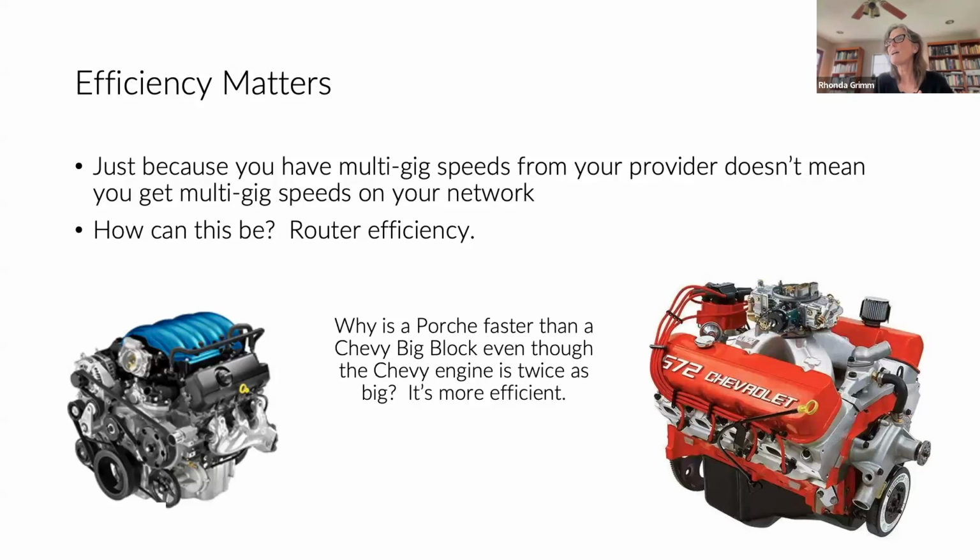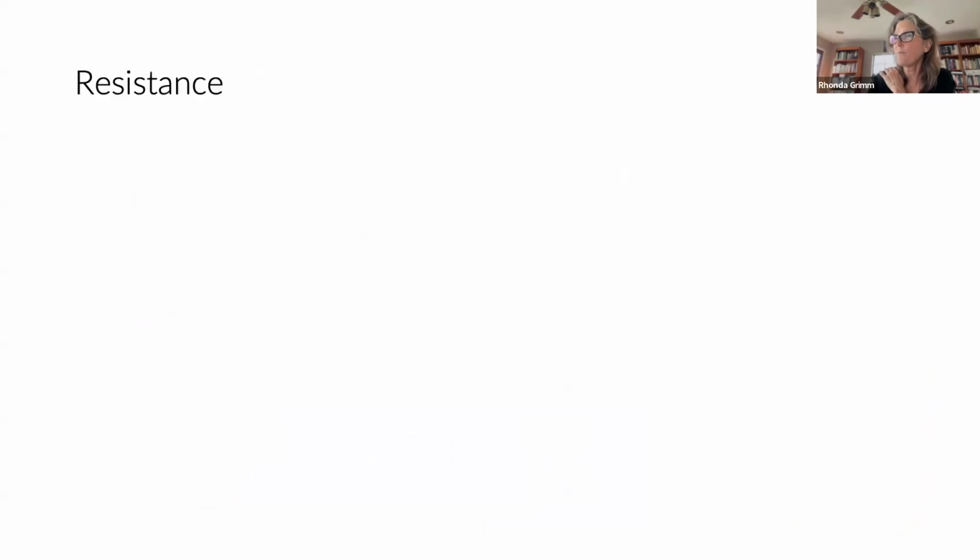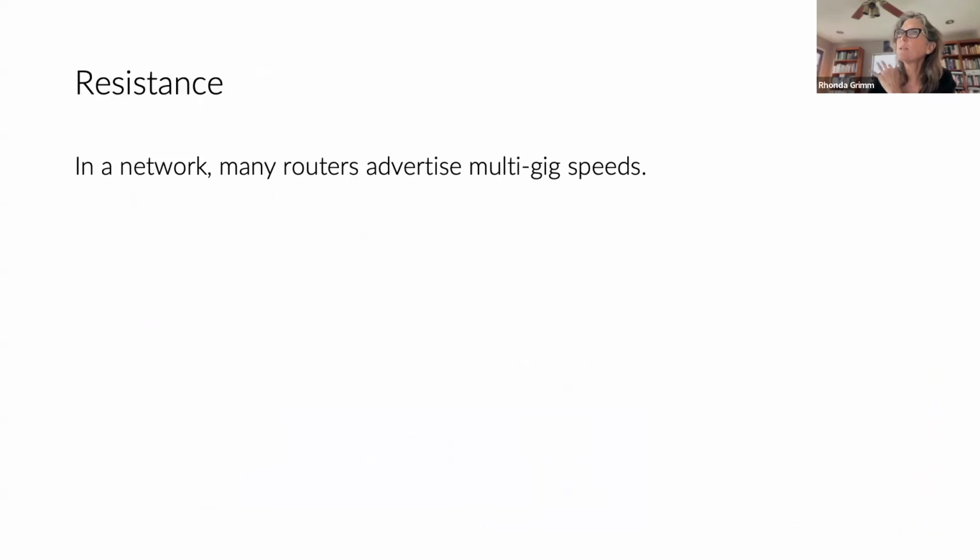It's kind of like, why is the Porsche faster than the Chevy Big Block, even though the Chevy engine's twice as big? It's because the smaller, highly tuned engine is more efficient. Just because an engine's rated at 500 horsepower, by the time it gets through the transmission, the axle, and the wheels, you've cut out 50 horsepower already, probably more. And why is that? Because of resistance.